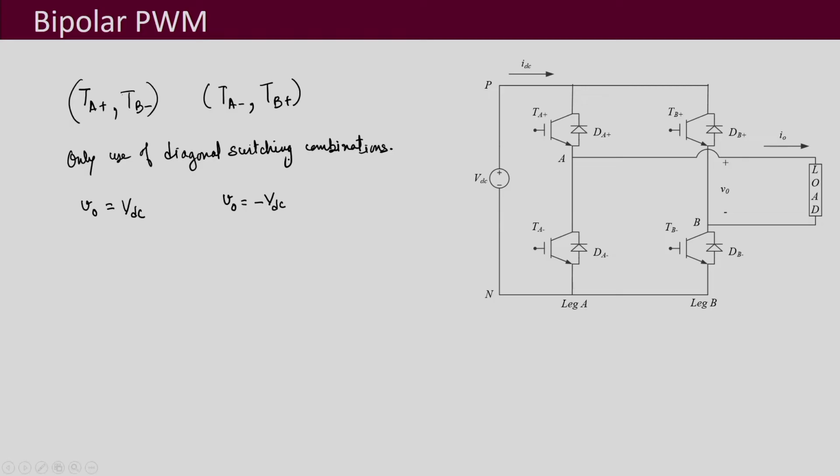And we had also seen before what the corresponding DC bus current will be. IDC is going to be plus IO whenever TA plus and TB minus are on, and it is going to be minus IO whenever TA minus and TB plus are on. Depending on the direction of the current, either the switch will be conducting, that means the MOSFET will be conducting, or the diode will be conducting. So, these things we have seen before.